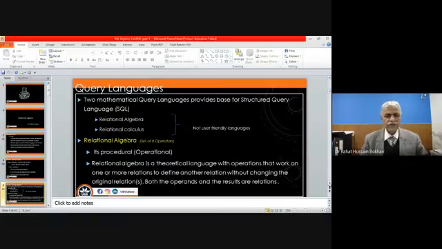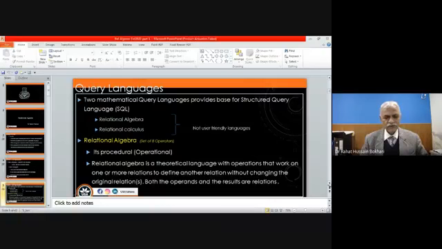If you have a mathematical formula a plus b equals c, you may get c by adding the two variables a and b. So the plus is the operator, and a and b are operands.